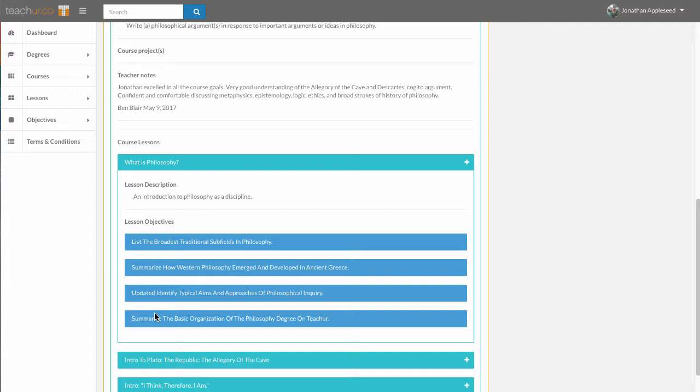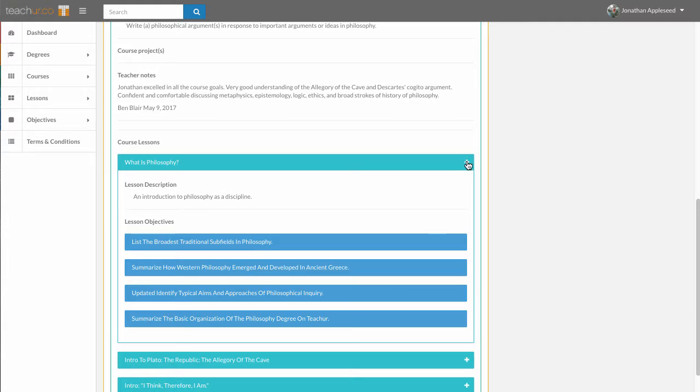So when they pass the test, we have a little more evidence that they have in fact mastered these objectives. And then finally they meet in a course hearing where an expert in the field, usually a PhD level expert, can ask them open-ended questions and make sure that they have in fact mastered these objectives.